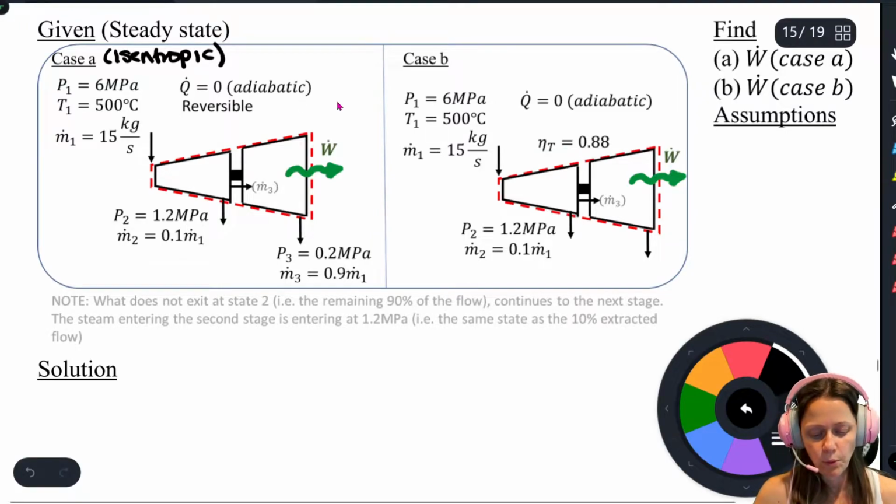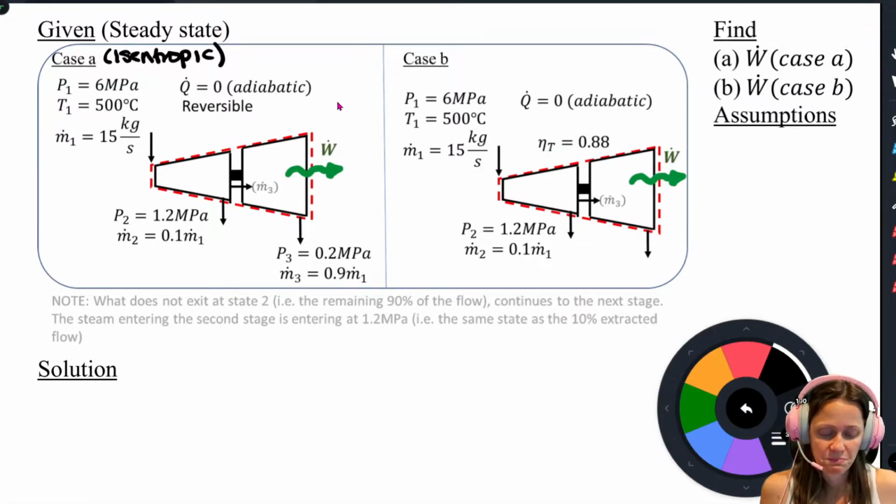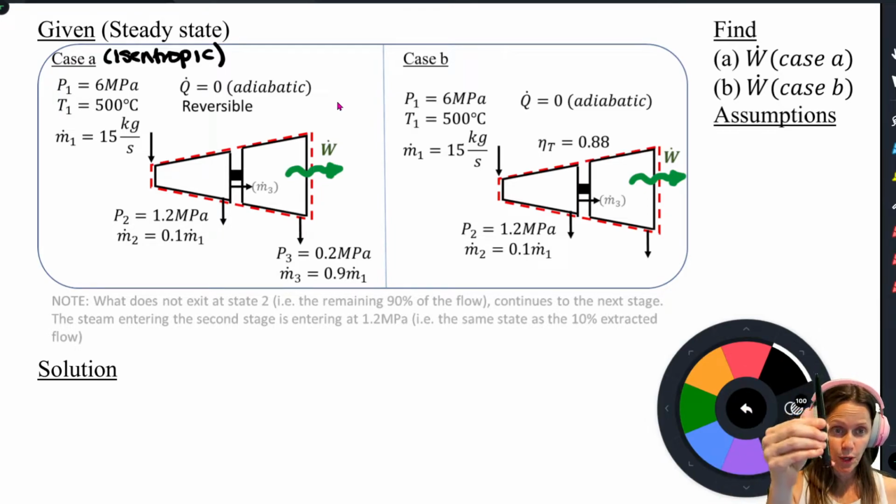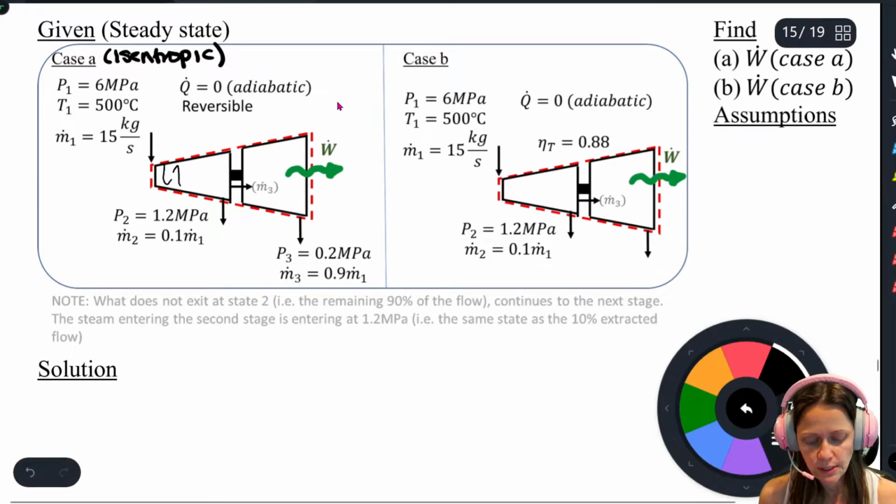And then on the right-hand side for case B, you have an isentropic efficiency of 88%. But what's happening just by sheer fact that it's a turbine, you have all the mass flow coming in at state 1, and it passes over this series of rotating and stationary blades, and some of it comes out here, right? That's m dot 2, and the rest of it passes through and is fully expanded and comes out at state 3.